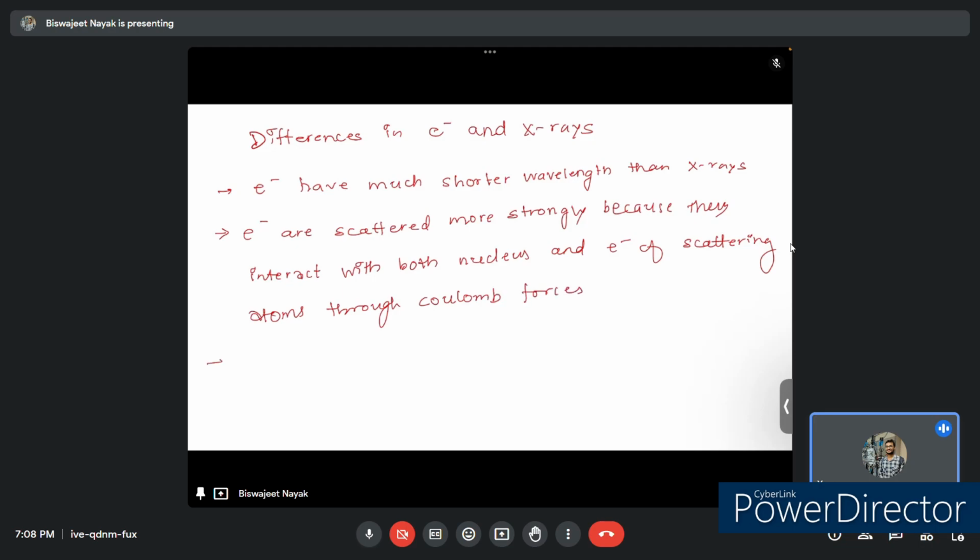Electron beams are easily directed because they are charged particles, right? So with an electric field we can easily direct them wherever we want.